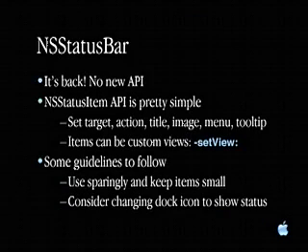And the status bar is back. It has no new API. Status items are really pretty simple. Sort of like the toolbar, they have many similar attributes. You can set a target action, a title, an image. You can associate a drop-down menu, and they can have tooltips. And also similar to the toolbar, you can have your own custom views up there.